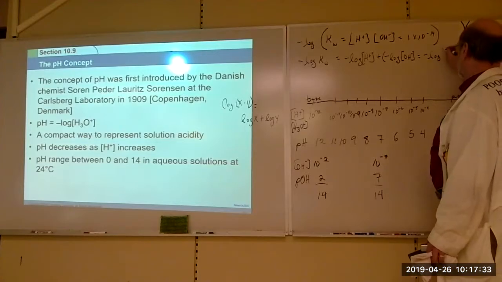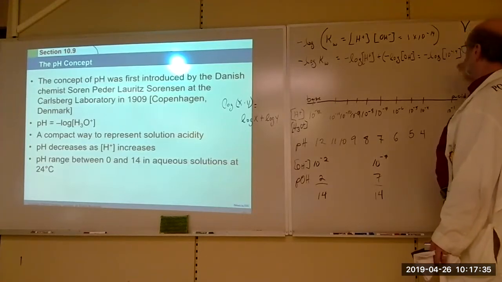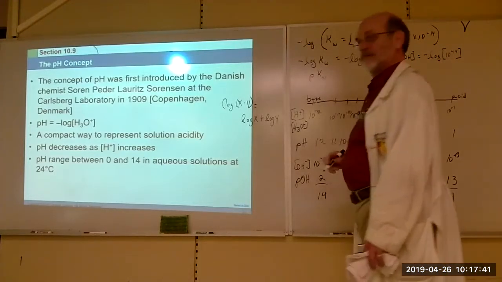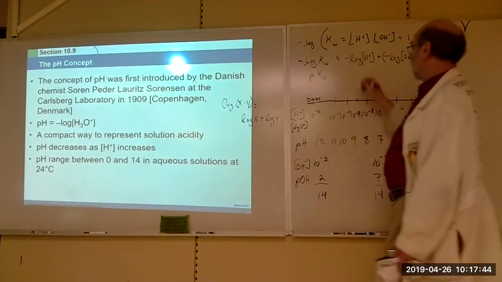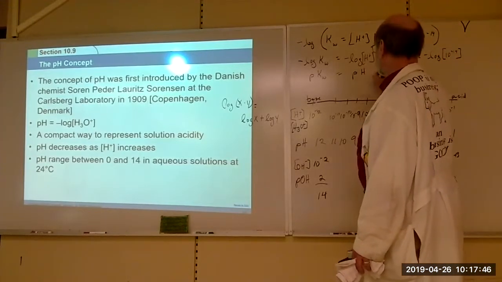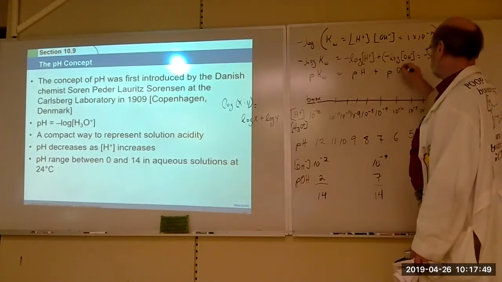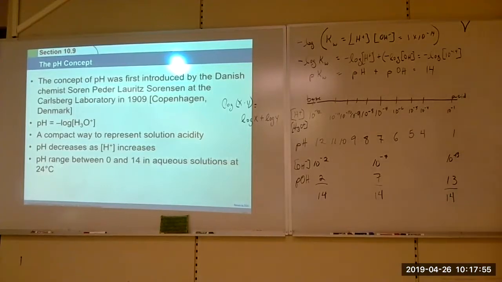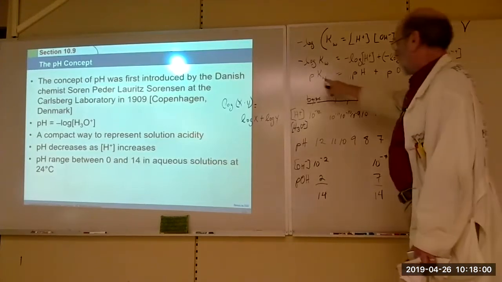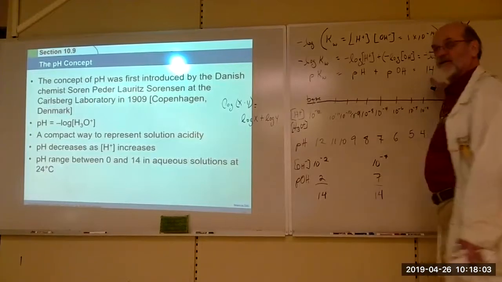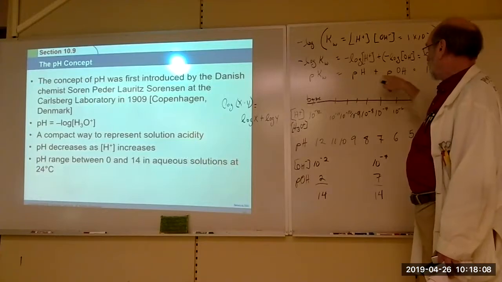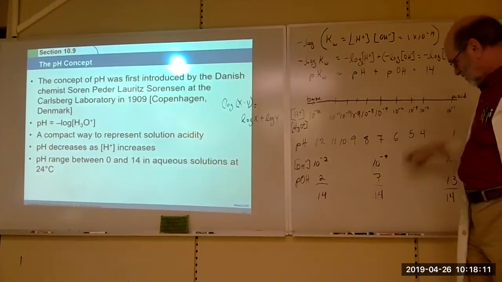Negative log of 10 to the minus 14. Now this one becomes pKw. Right? This one becomes pH. This one becomes pOH. And this one becomes 14. Okay? So the pKw for water is 14. And whenever you add these together, they always have to be 14, just like we showed here.